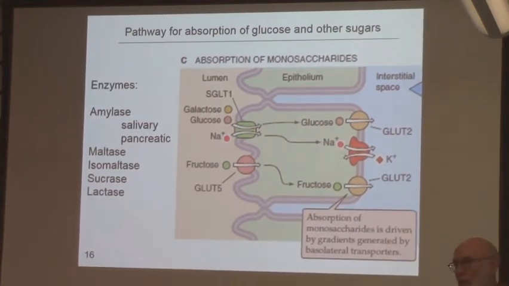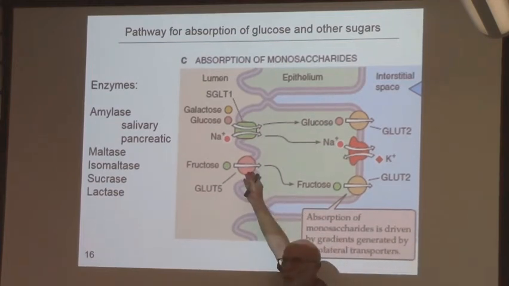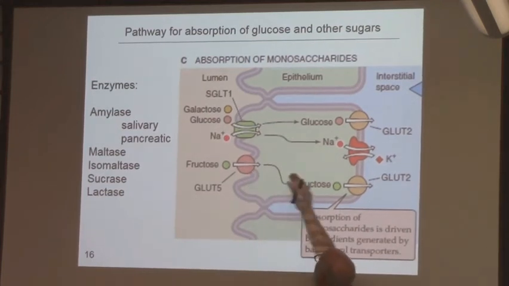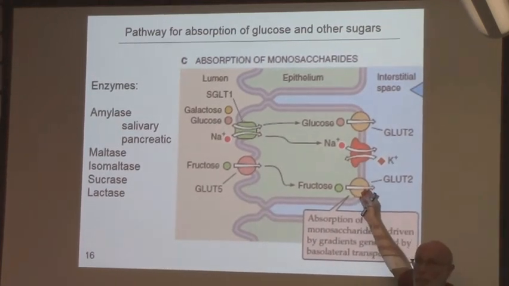Fructose is the weird cousin. Fructose does not have a sodium-dependent co-transporter on the apical membrane. It simply has a uniporter on both the apical and the basolateral membrane.